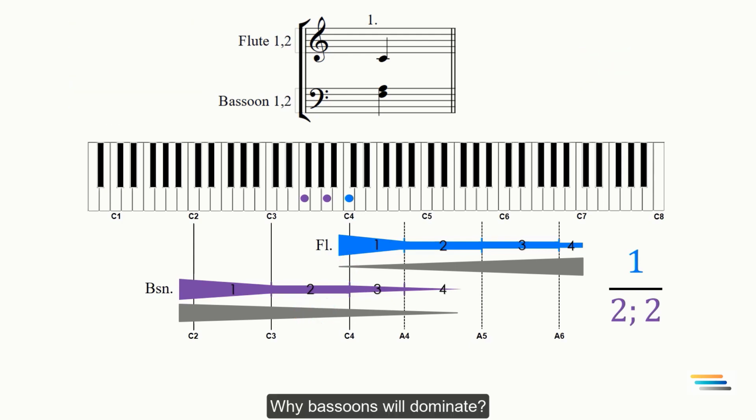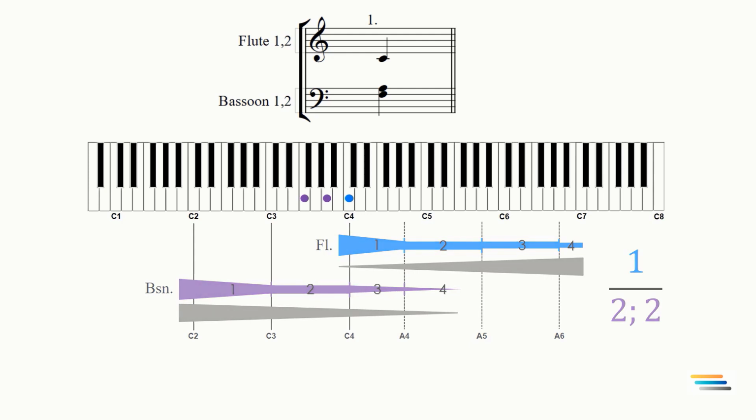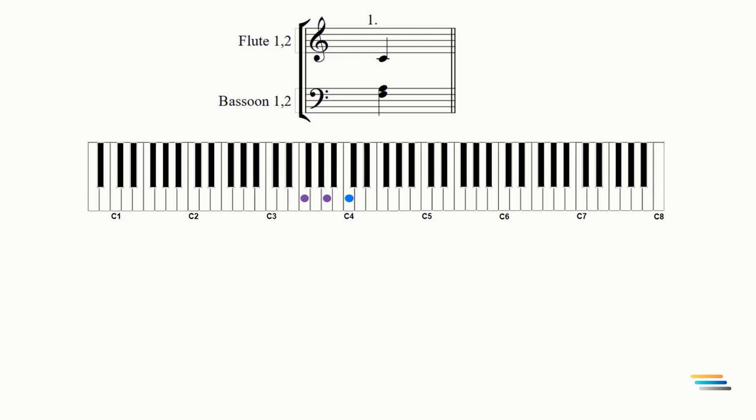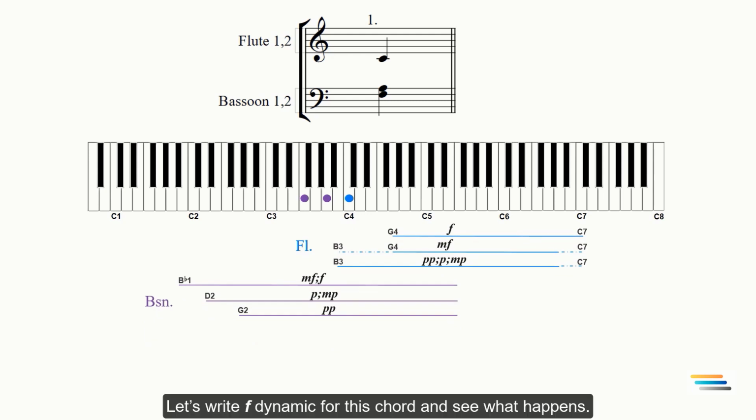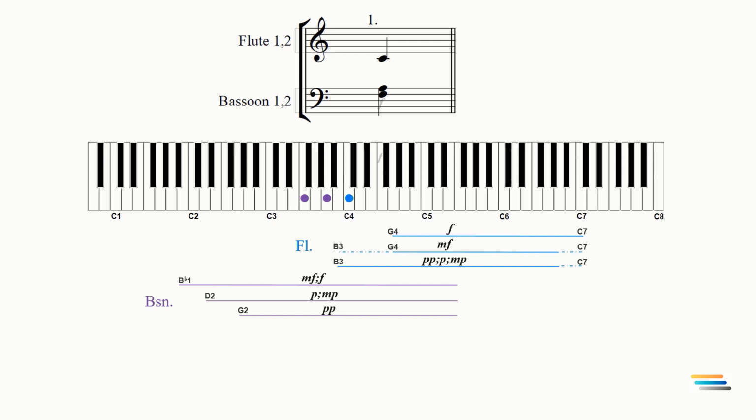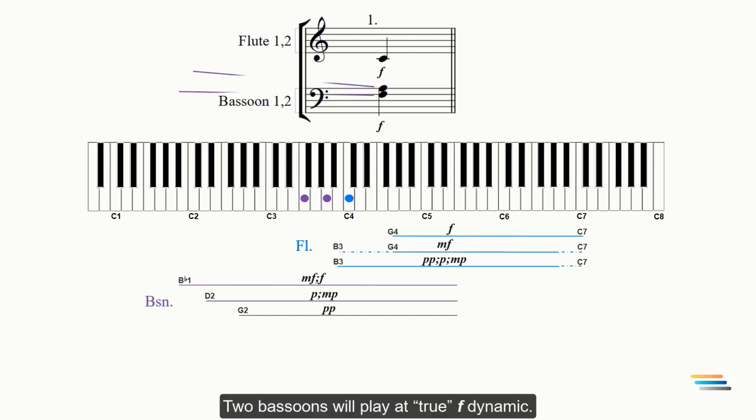Why will bassoons dominate? Let's write forte dynamic for this chord and see what happens. Two bassoons will play at true forte dynamic.